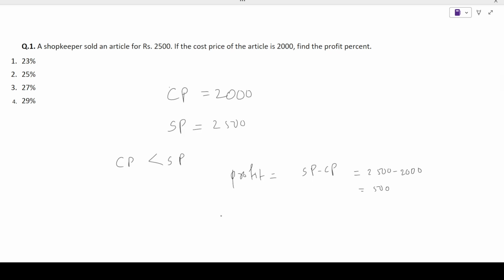Now, in order to find the profit in percent, we divide profit by cost price into 100.